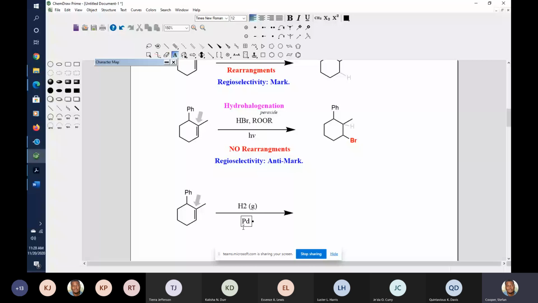Can anyone tell me what this step is? Did anybody find this out? Hydrogenation. Yeah, that's right. Very, very good. This is known as a hydrogenation reaction. Right, what is hydrogenation doing? Can you guys tell me?